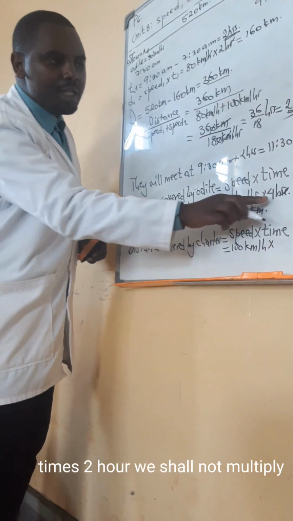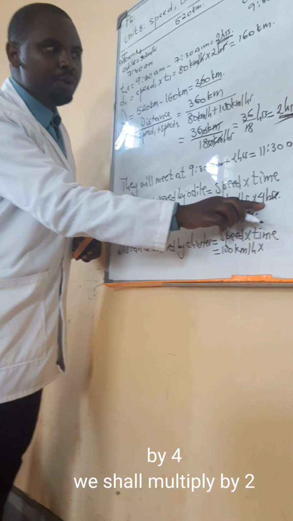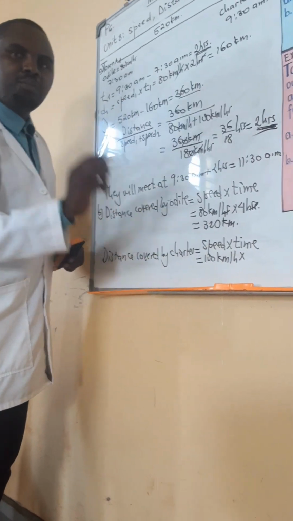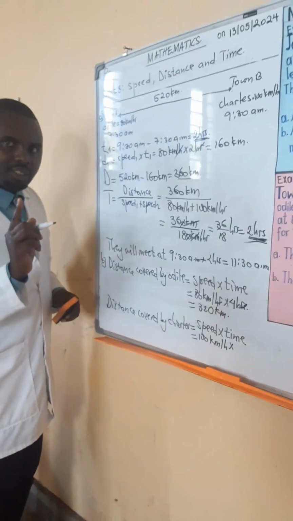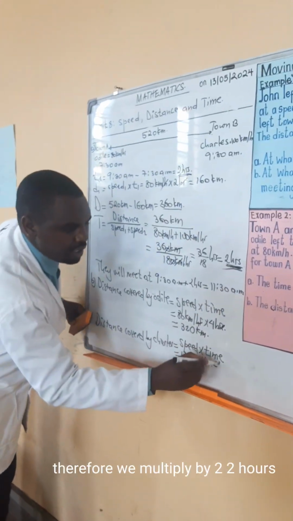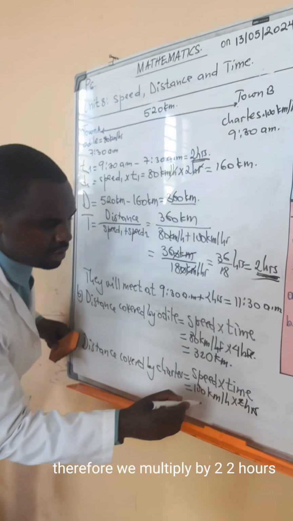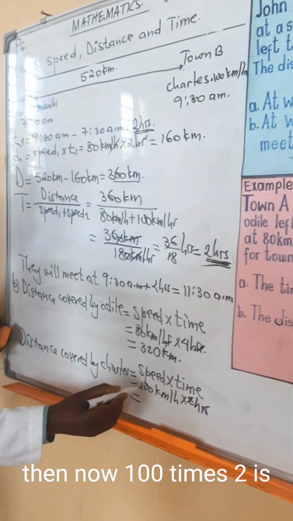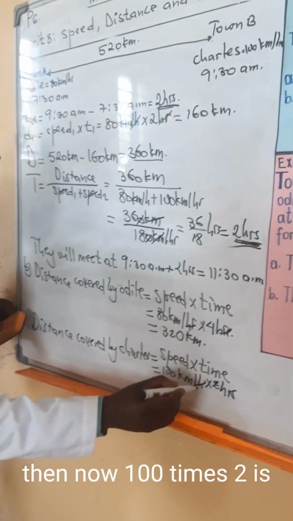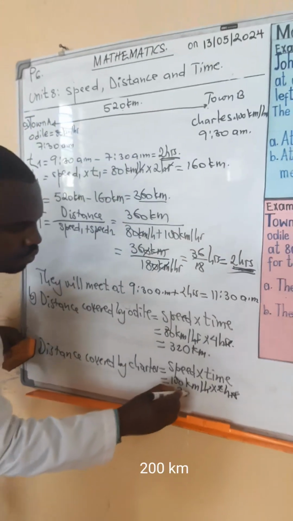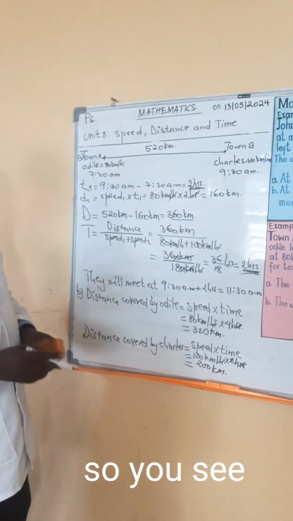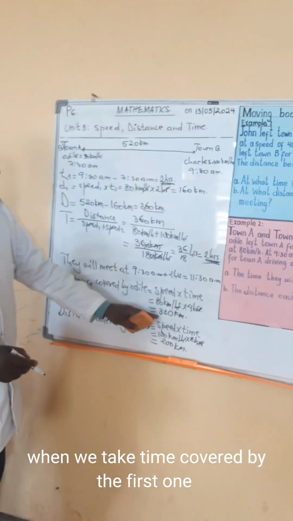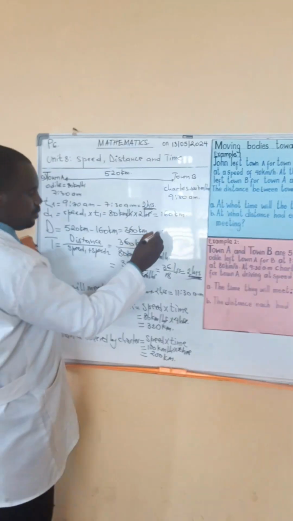We shall not multiply by 4, we shall multiply by 2 because Charles moved only within 2 hours. Therefore, we multiply by 2 hours. Then now, 100 times 2 is 200 kilometers.